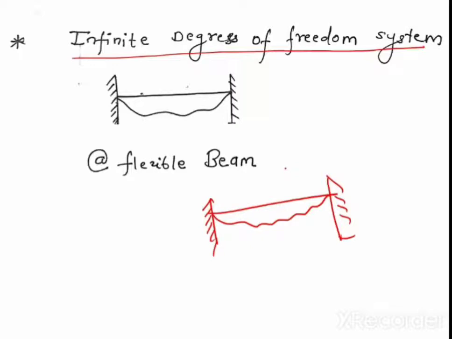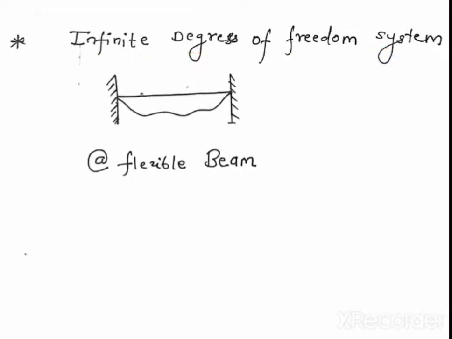A flexible beam fixed at the two ends, and let us say it is vibrating or oscillating, so it can vibrate with infinite degrees of freedom. I hope you understand this. So this is all about the concept of degrees of freedom.